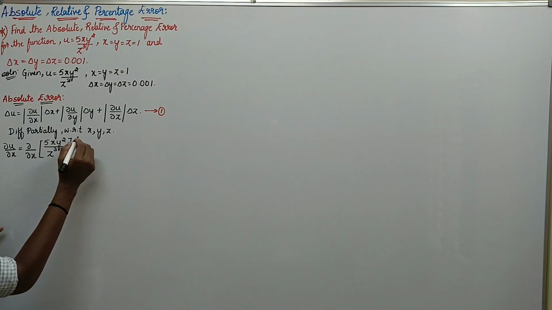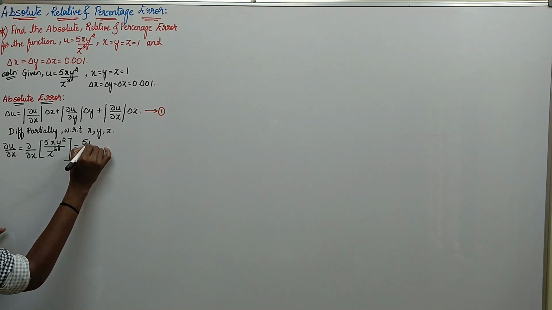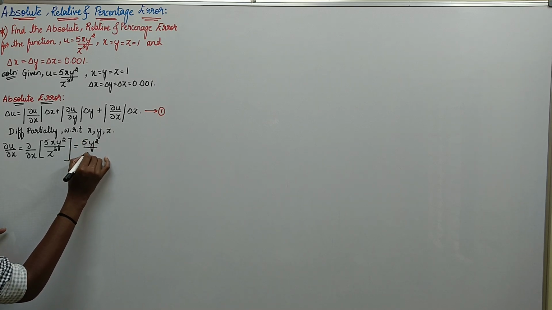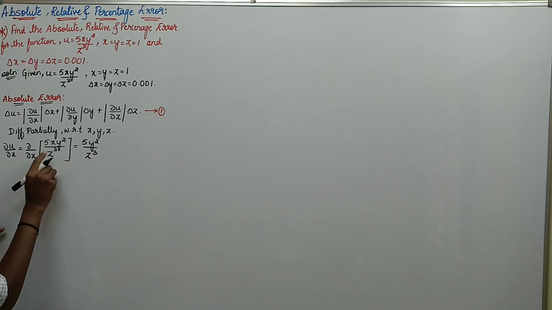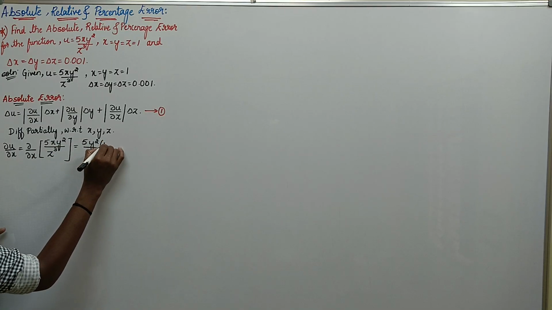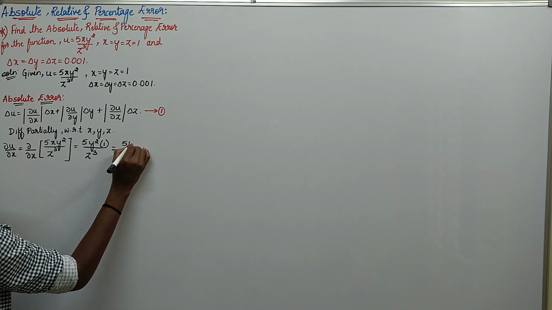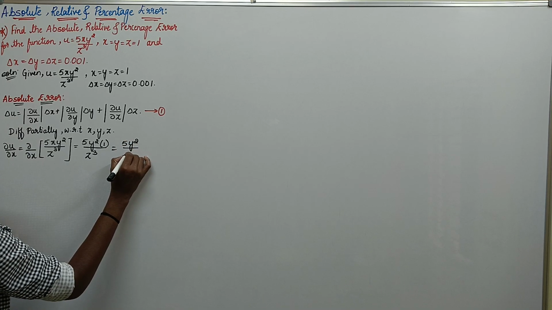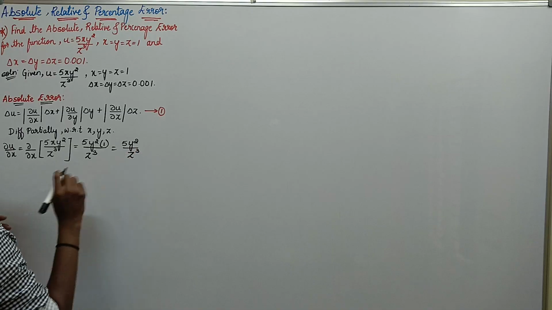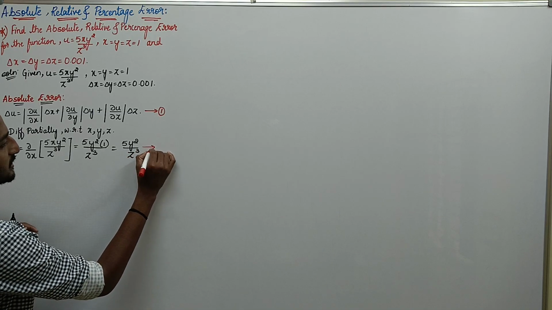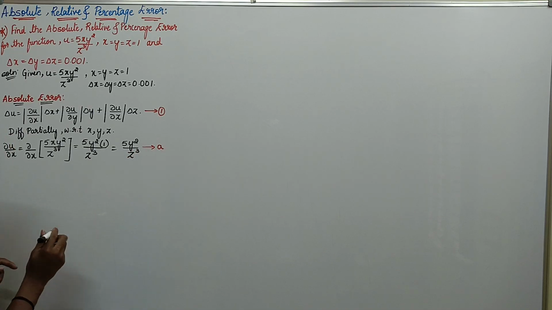So I am going to consider 5y square by z cube as constant. Now the remaining part is x. I need to differentiate x. Differentiation of x with respect to x is 1. Got the point? 1 into 5y square, that is 5y square divided by z cube, represented as equation number A.